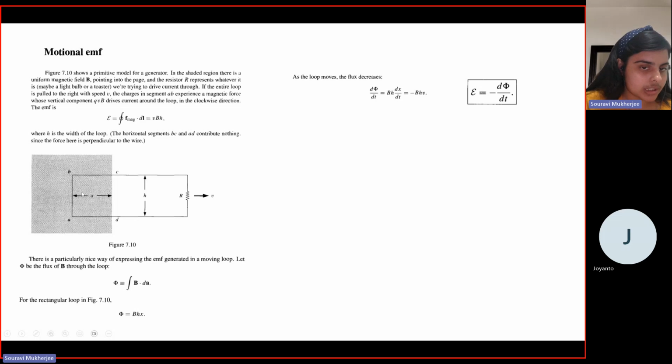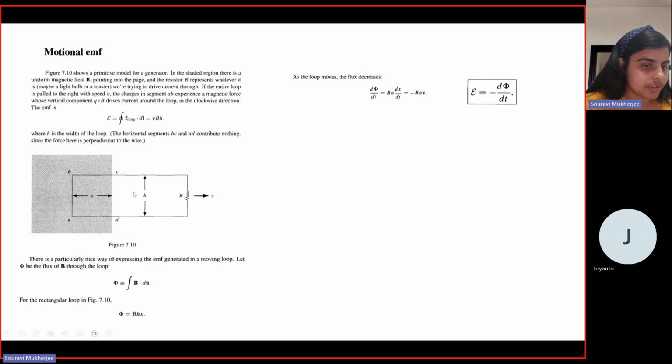You have a velocity along this direction, a magnetic field pointing into the page, and that results in the magnetic force along the side AB. So BC and AD do not contribute, because the force is perpendicular to them. F dot dl for BC and AD will go to 0. So only this part will contribute, and this part has dimension h. So the EMF is given as vBh.